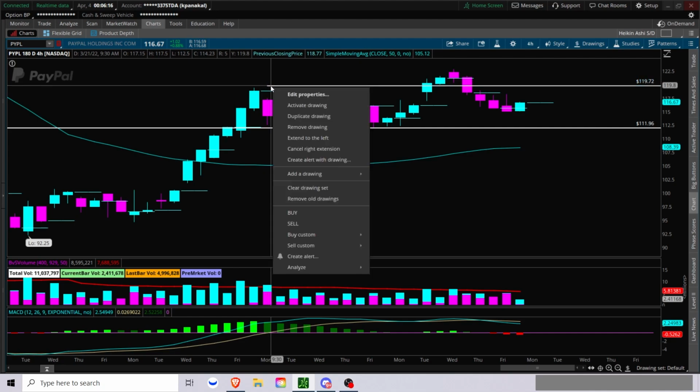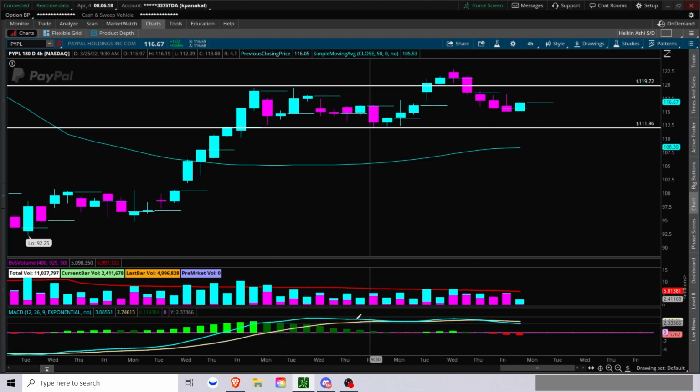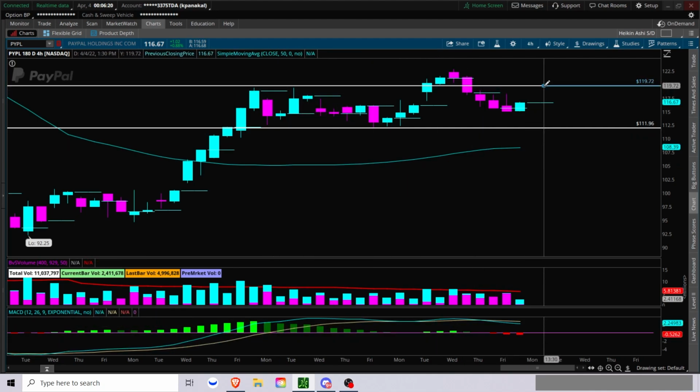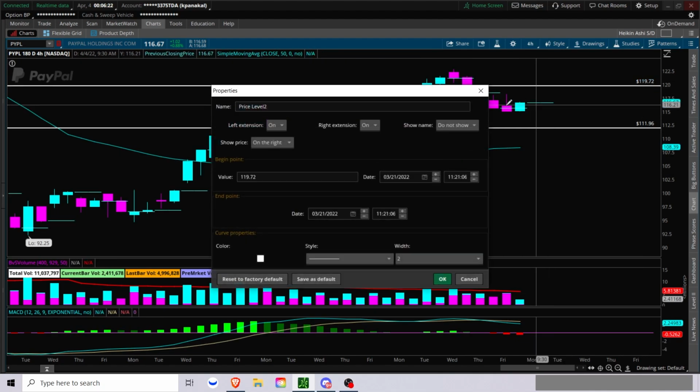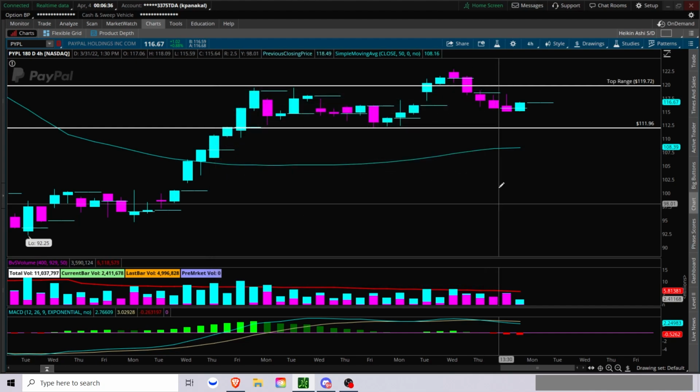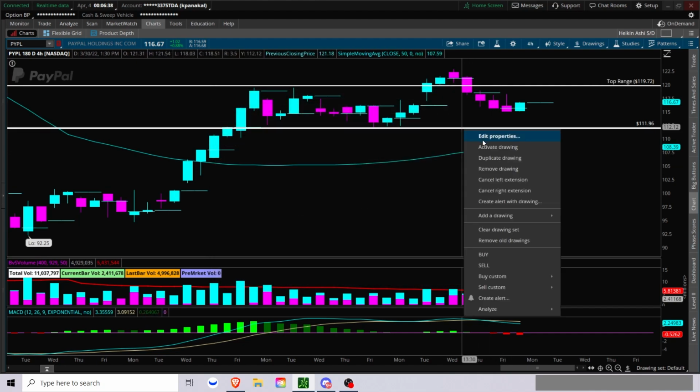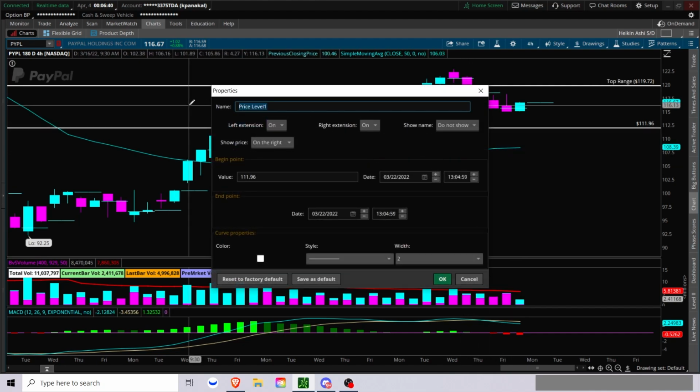Let's plot this, extend to the left as well. So this is going to be the top range, or we'll just say resistance. Well, let's just say top range is the top of the range for PayPal, and this over here is the low range, right?